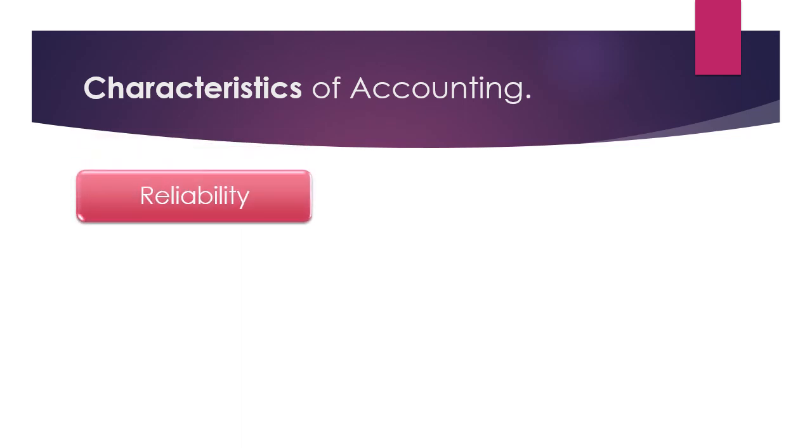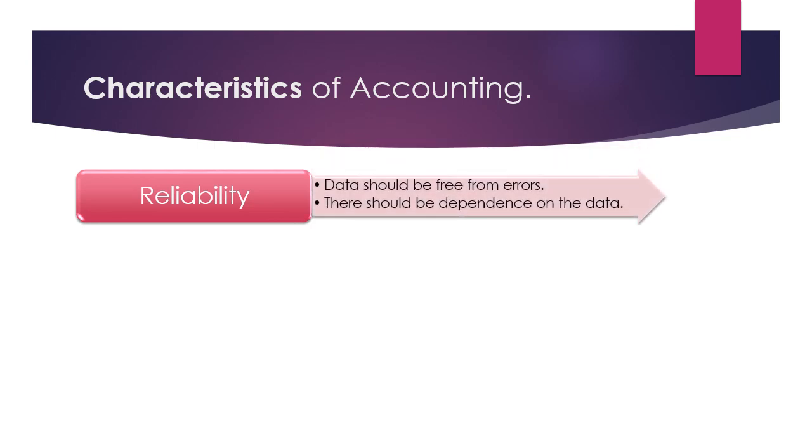Reliability. Reliability refers to the trustworthiness or authenticity of the data being provided. It states that the accounting information collected must be free from errors and bias. It helps the users to draw accurate inferences from the information provided to them.